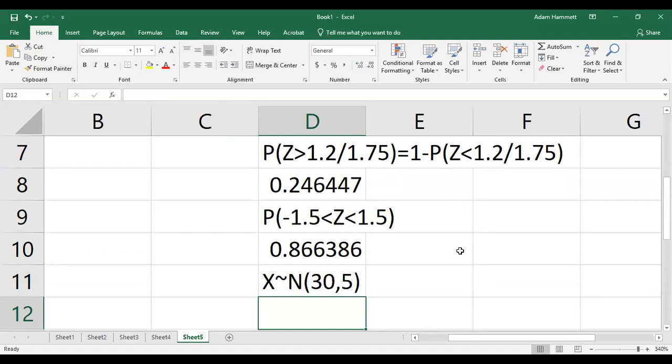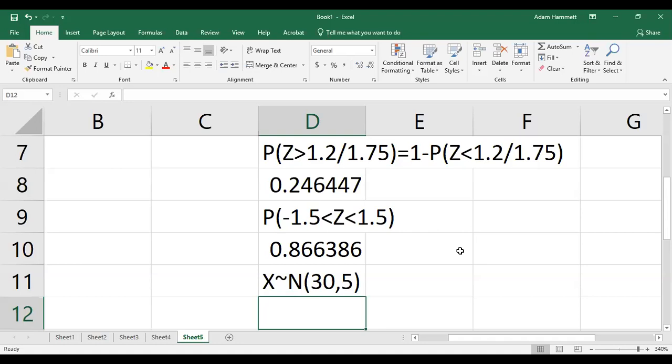That means I want a number at which I have 6% of the data below it. Now you know that 50% of the data is below the mean for the normal distribution.